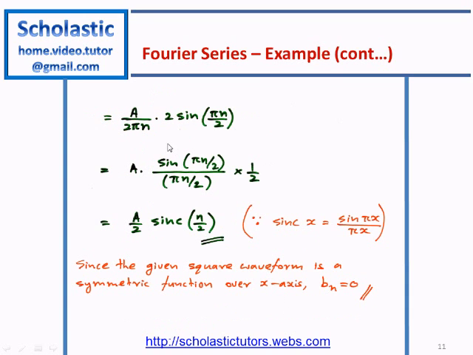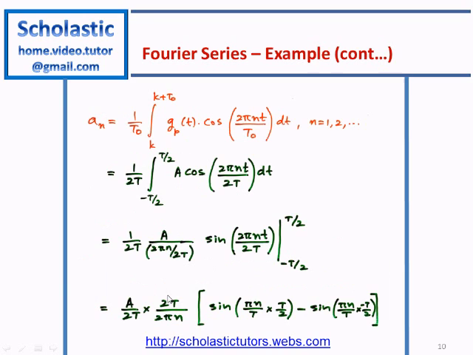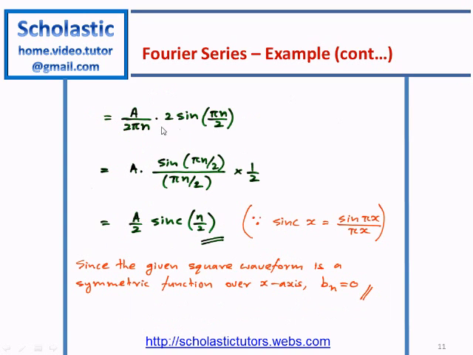Therefore, in this next slide we can see it is 2 sine(pi n over 2), and this is the function that you got earlier here, that is the coefficient. And then we simplify this to obtain a function like this. Whenever you see a function like this, we can replace it with the sinc function, basically sine(pi n by 2) divided by pi n by 2.